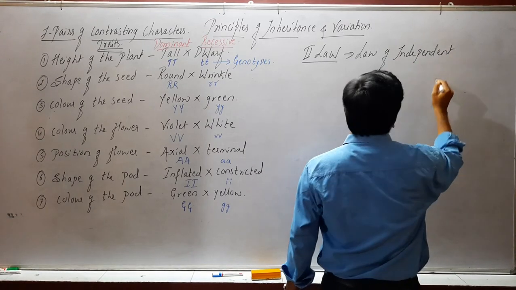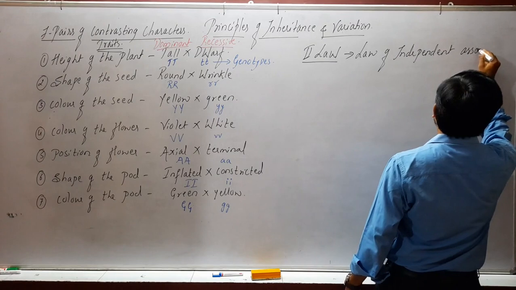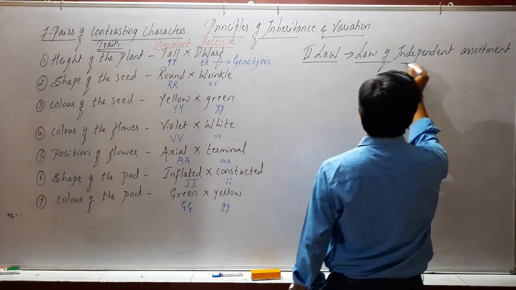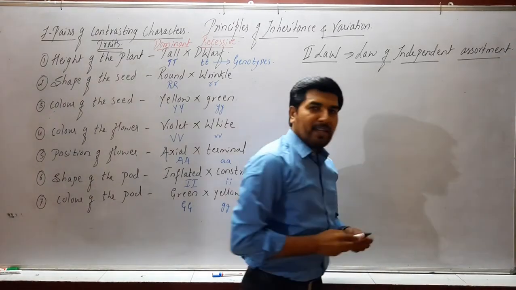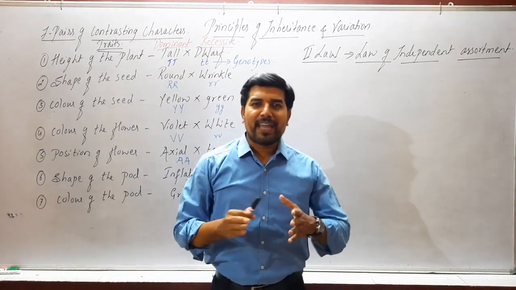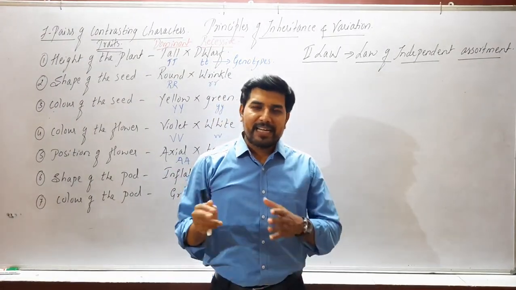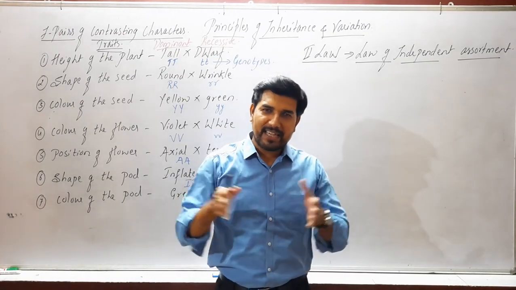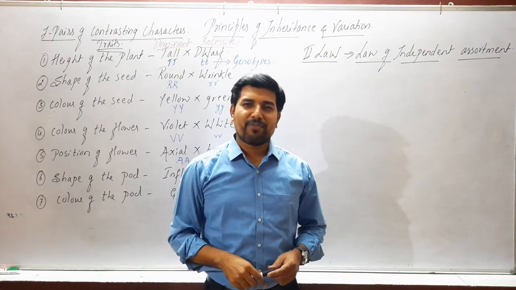It is said to be the law of independent assortment. In the previous law, we came to the statement that whenever a pair of factors for a character are brought in F1, they segregate during the formation of gametes.